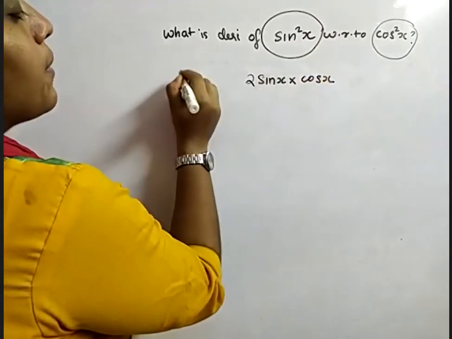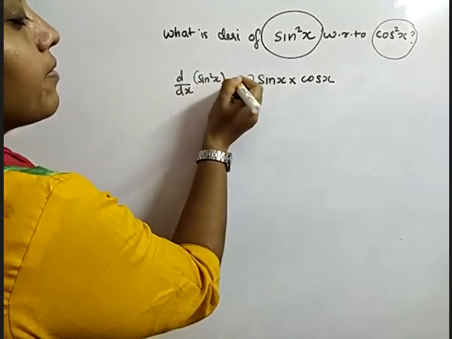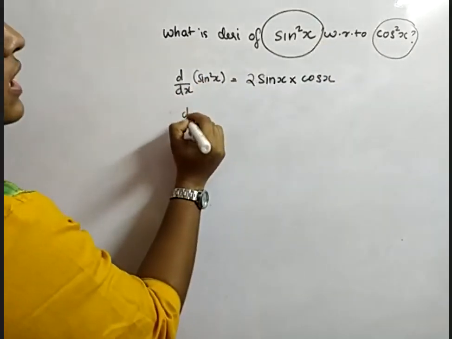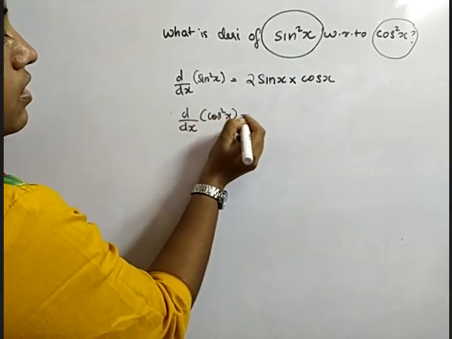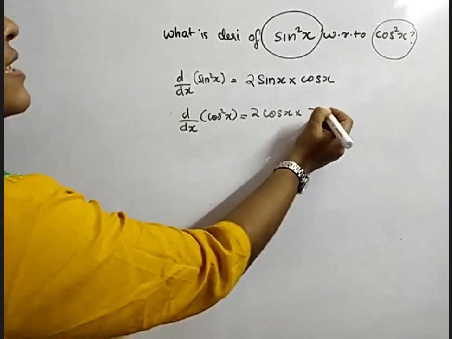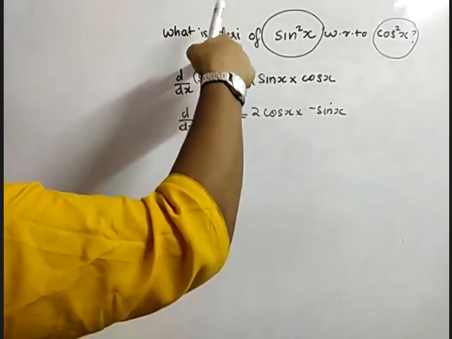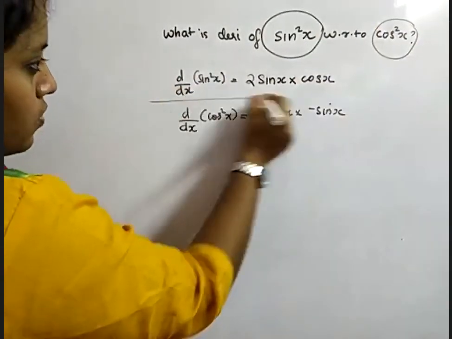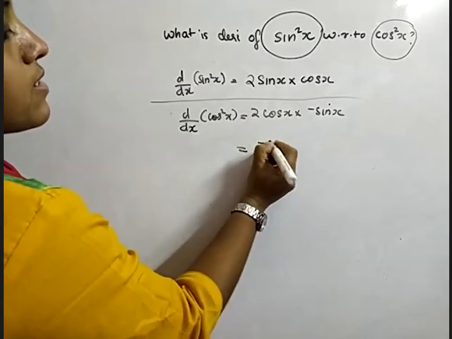Now I am differentiating cos square x: that is 2 cos x into minus sin x. Now, the derivative of this with respect to this means I need to divide the first one by the second. So what I'll get is -1.